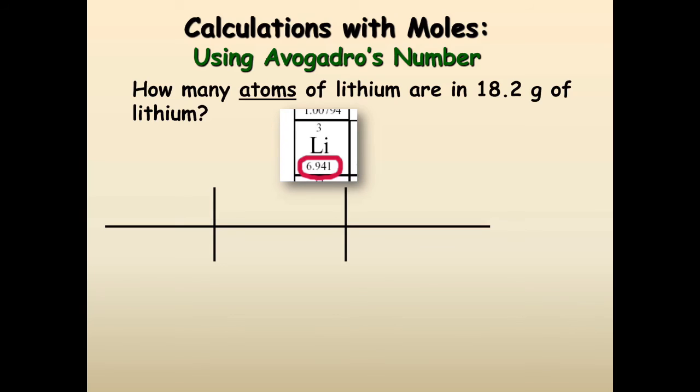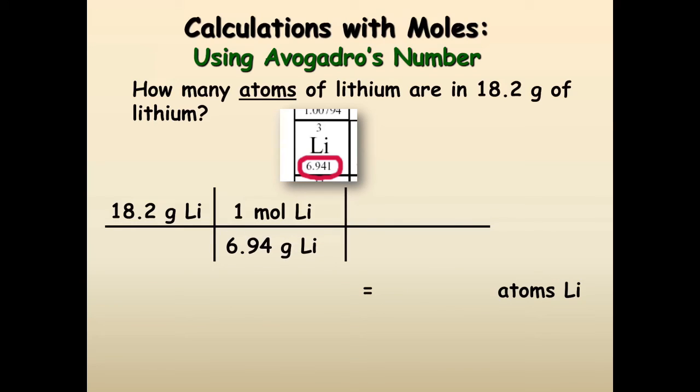And so when we look at this, we're going to take our 18.2 grams of lithium, and then 1 mole of lithium is 6.94 grams of lithium. And then there are 6.022 times 10 to the 23rd atoms of lithium in a mole of lithium. So we always like to double check and make sure things cancel out.